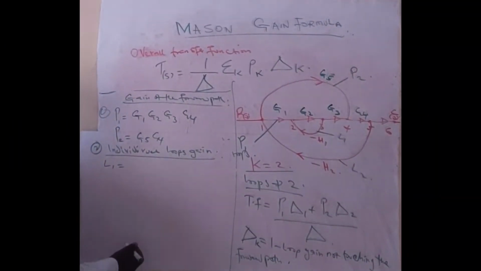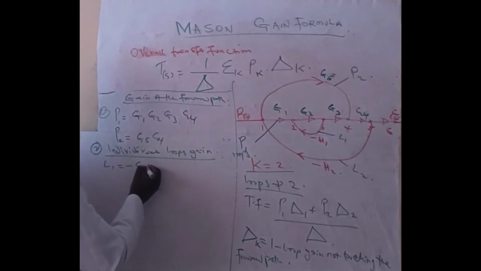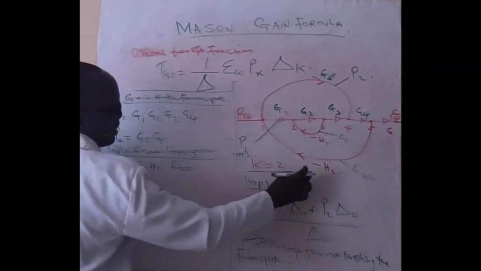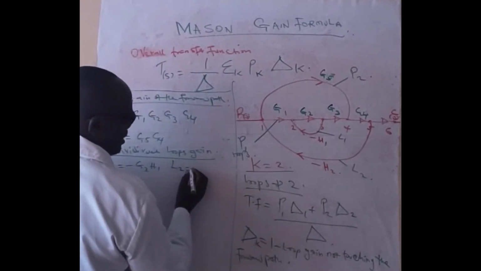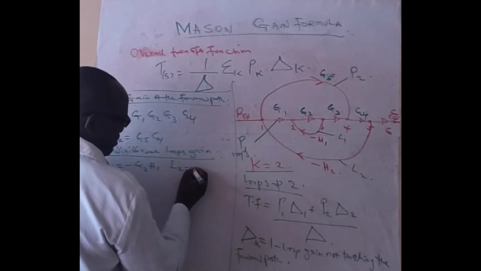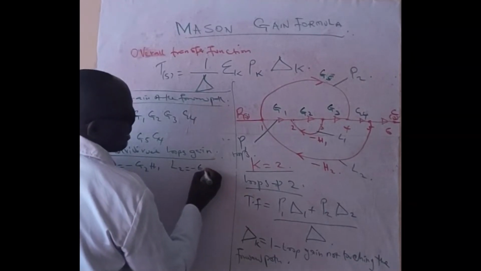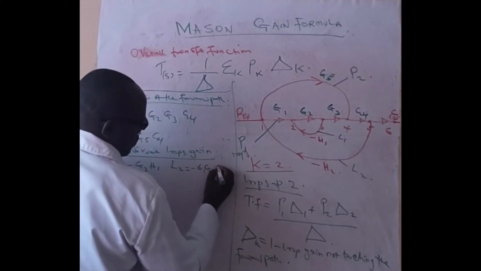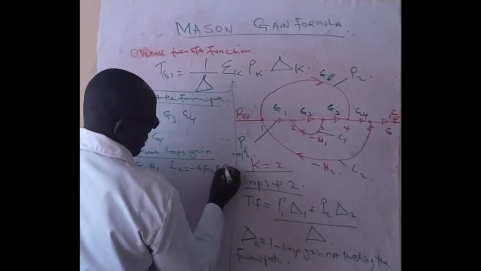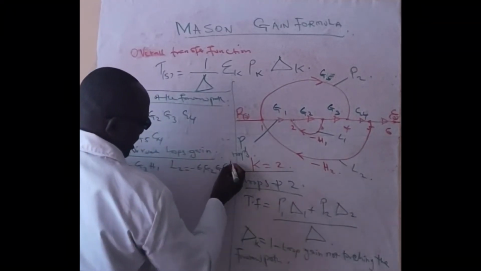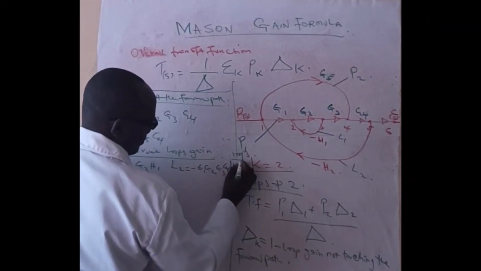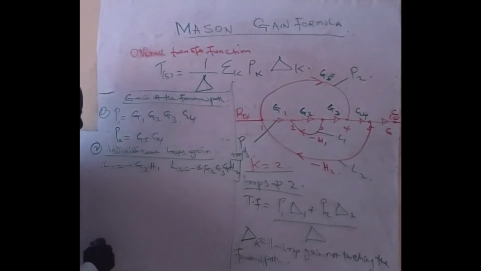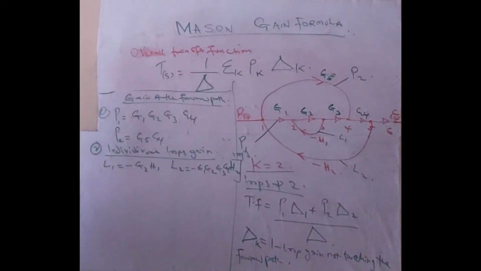So it's going to be negative G2 H1. L2, which is this one, is going to be negative G2, G3, G4, and then H2. So we are through with individual loop gains.